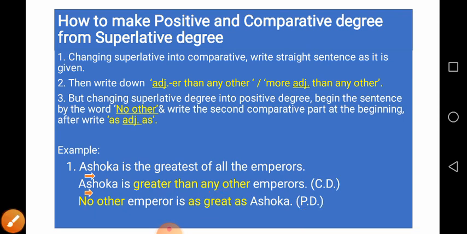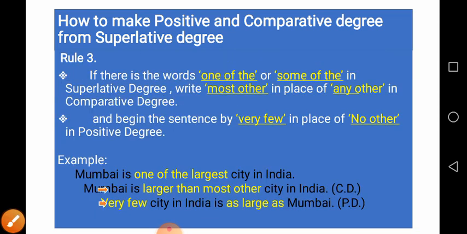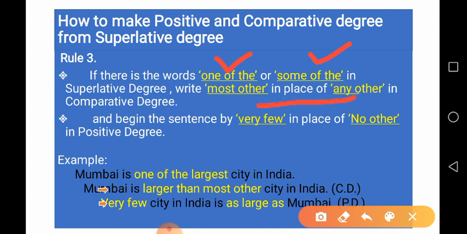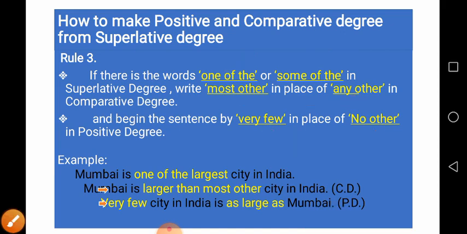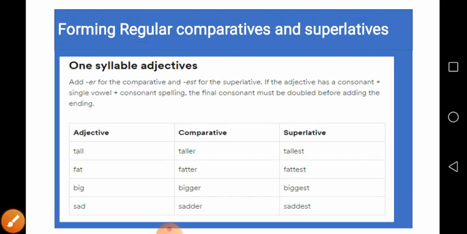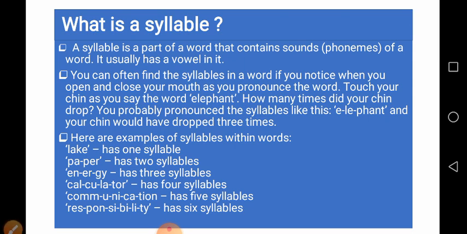But there is one change. When the superlative has a phrase like one of the or some of the, instead of any other we take most other, and instead of no other we take very few. That is the change while making the comparative and positive of the superlative.